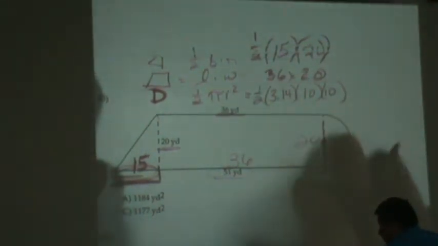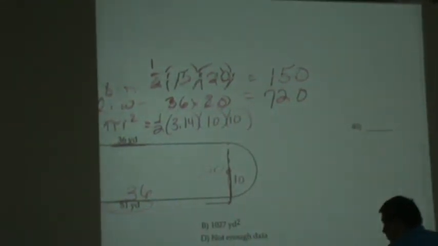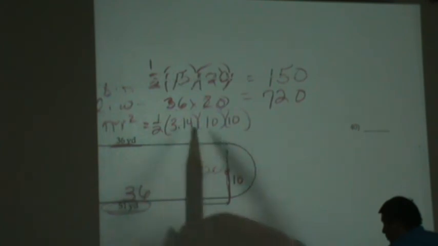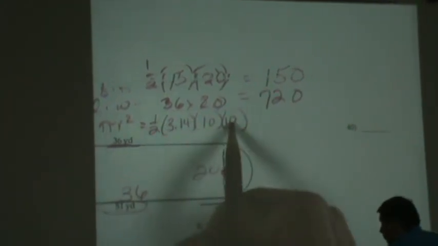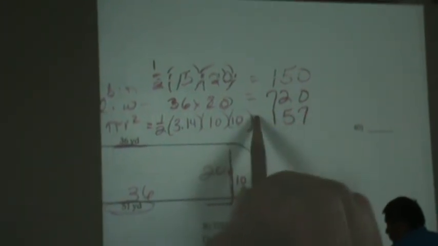Okay? It's a lot of work there, huh? 1/2 of 15 times 20 is 150. 36 times 20, 720. 3.14 times 100 is 314, divided by 2 is 157.